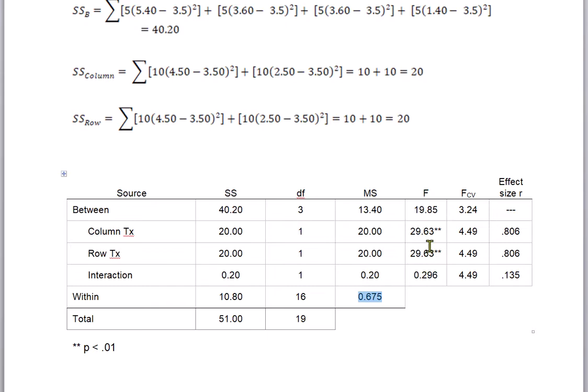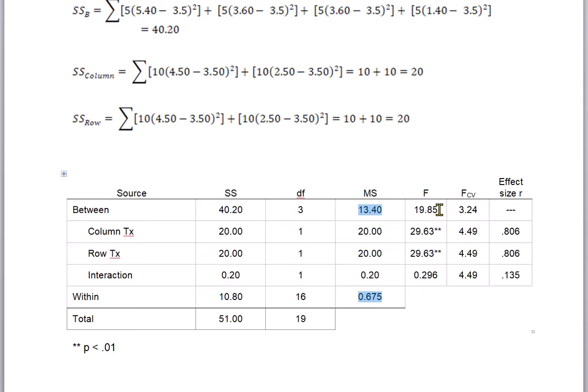Each one of these F-tests over here is a signal-to-noise ratio where we're taking the treatment effect. This one here on top is the overall treatment effect, and that is divided by 0.675. So let me see if I can get these highlighted just right. So 13.4 divided by 0.675 gives us 19.85.